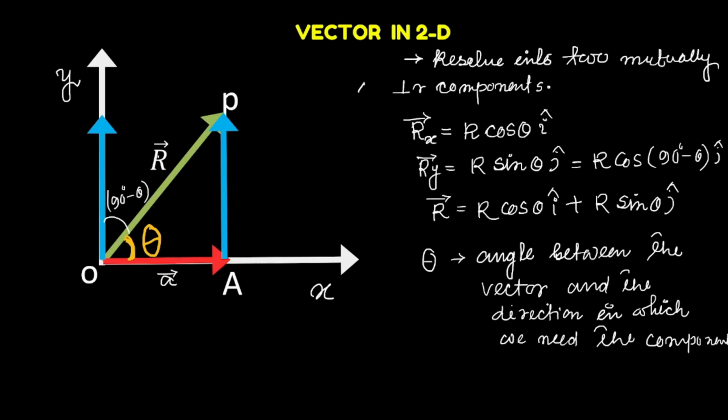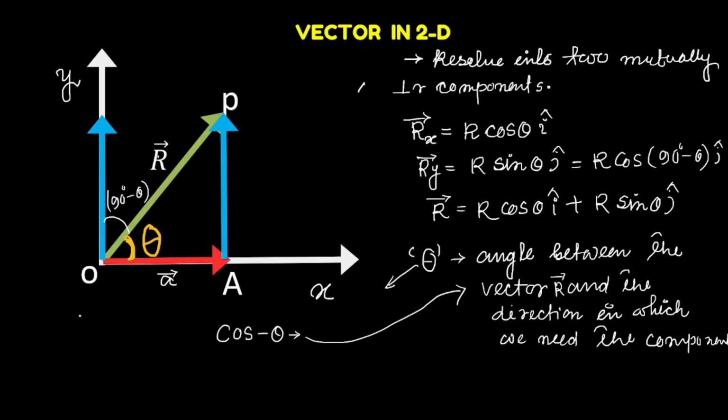Vector means vector r, and the direction in which we need the component. Now if we write this, always take theta with this angle. Okay, this is the angle. Always take cos of this angle, cos of theta, where this theta should always be the angle between the vector r and the direction in which we need the component.